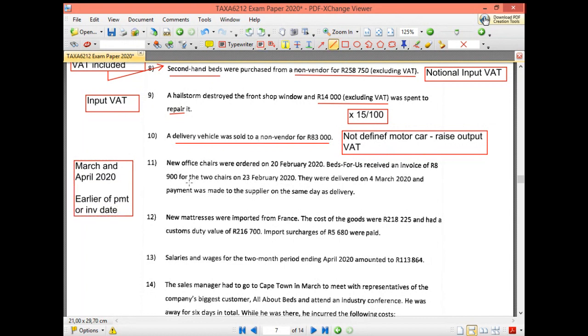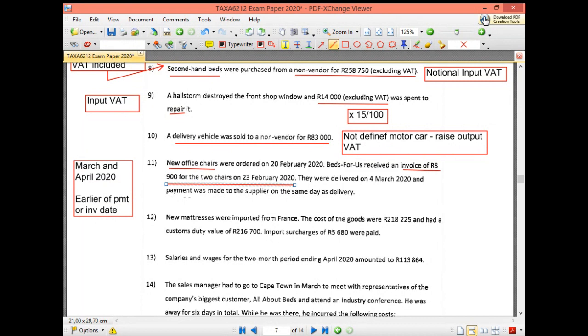Okay, so we've got new office chairs. They were ordered on 20 Feb. So the order date is irrelevant. An invoice of 8,900 for the 2 chairs was 23rd of Feb. And then they delivered it on the 4th of March, and the payment was made also on the 4th of March.